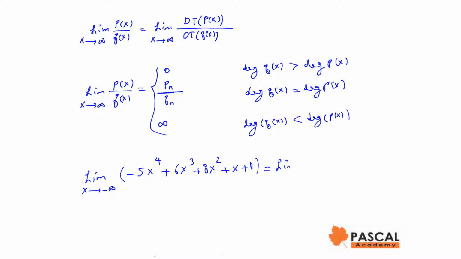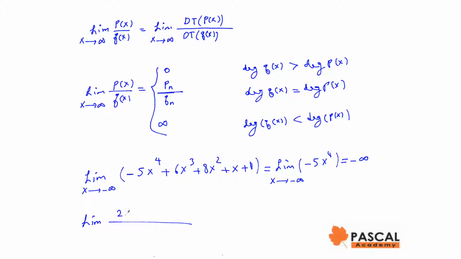This limit is the same as limit of negative 5x^4 as x approaches negative infinity. Any negative number to the power of 4 is positive, times negative 5 is negative. And as x approaches negative infinity, x^4 approaches infinity. So this limit is negative infinity.